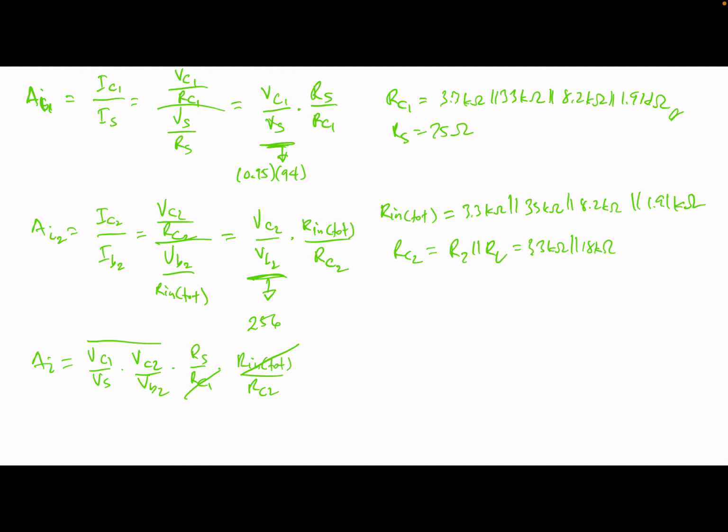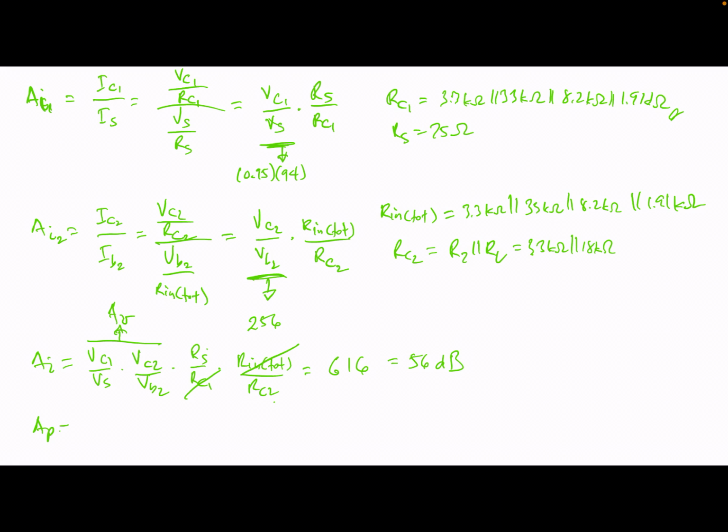This is just the overall voltage gain AV, which is 22,905. And this is 75 ohms, and we already know what this is. So if we plug in the known values, we get AI equals 616, which is equivalent to about 56 dB. Okay, so that's the current gain.